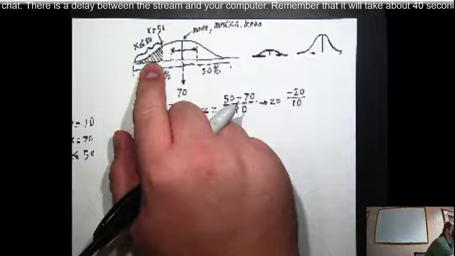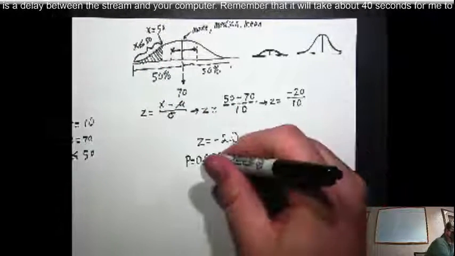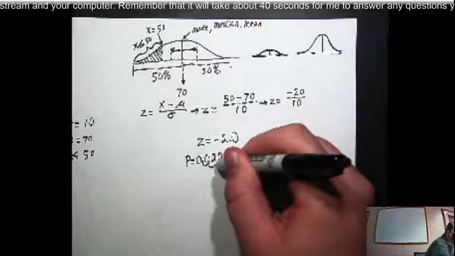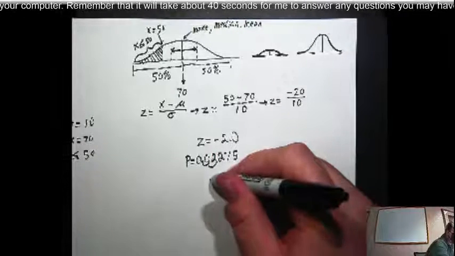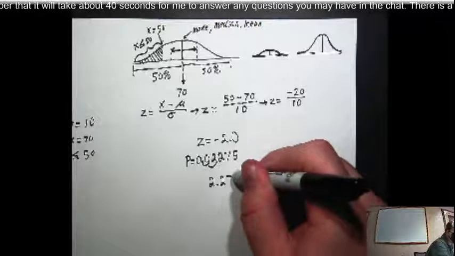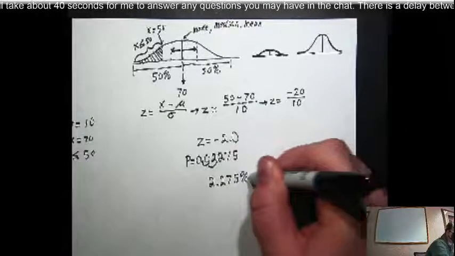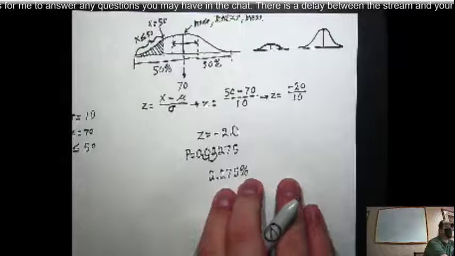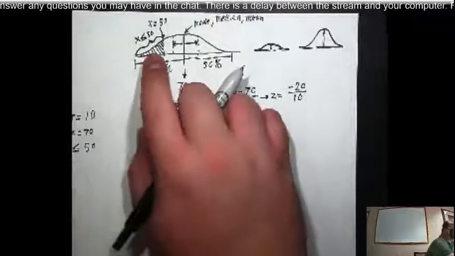Another way to look at this is to make this into a percent. So take this decimal, move it twice to the right to get a percent. That's 2.275%. And this tells us that 2.275% of our data is in this area.